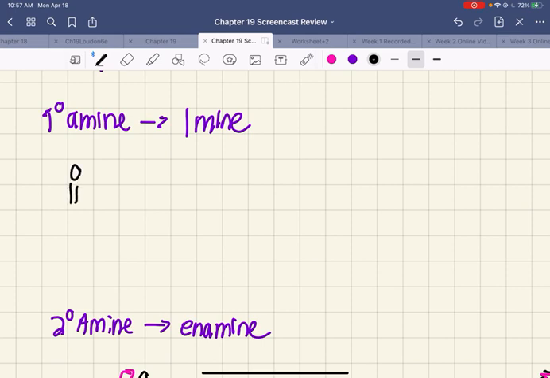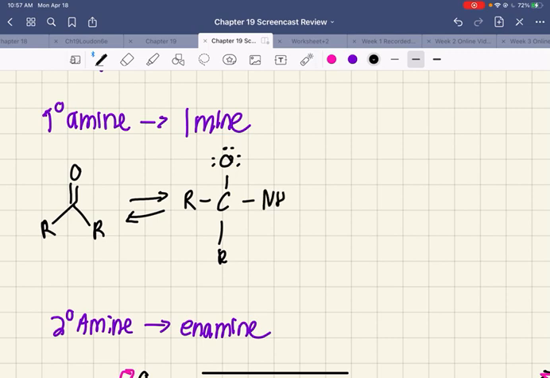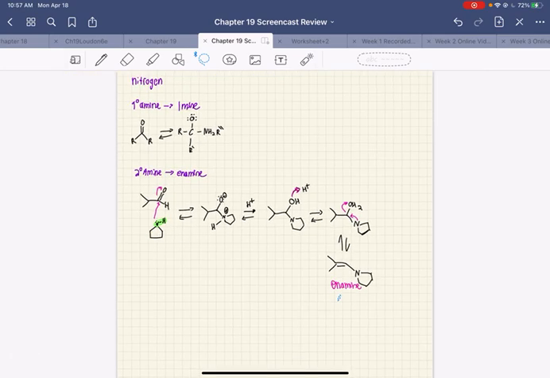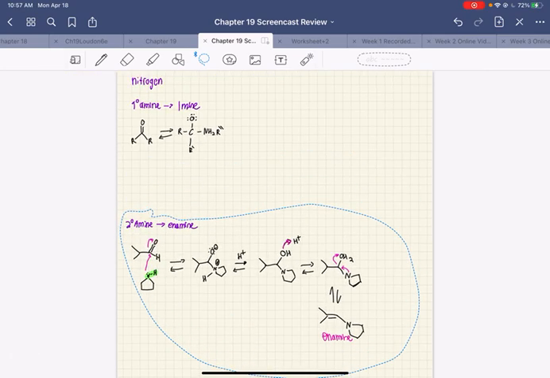We'll start with this basic ketone and react it with this primary amine. I'm just going to move this down.